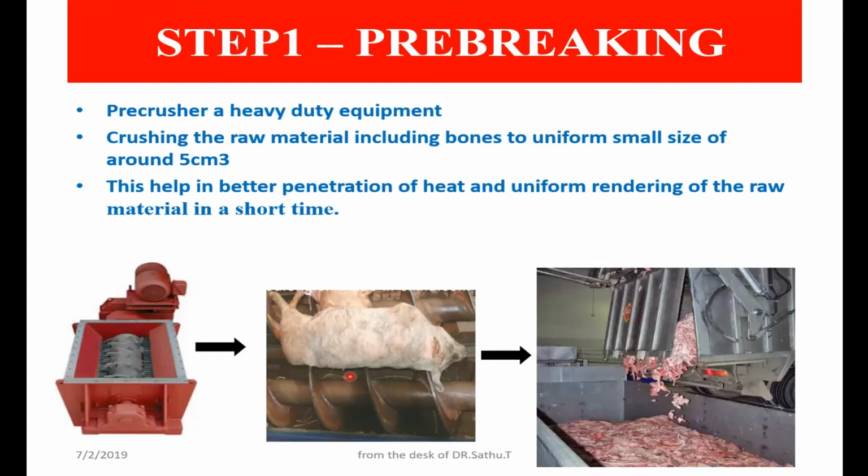Once you break the large pieces into smaller ones, it increases the surface area. That helps in easy penetration of the heat, and it shortens the cooking or sterilization time. So pre-breaking helps in better penetration of the heat and uniform rendering of the raw materials in a very short time. We can shorten the rendering time. That is why we do pre-breaking.